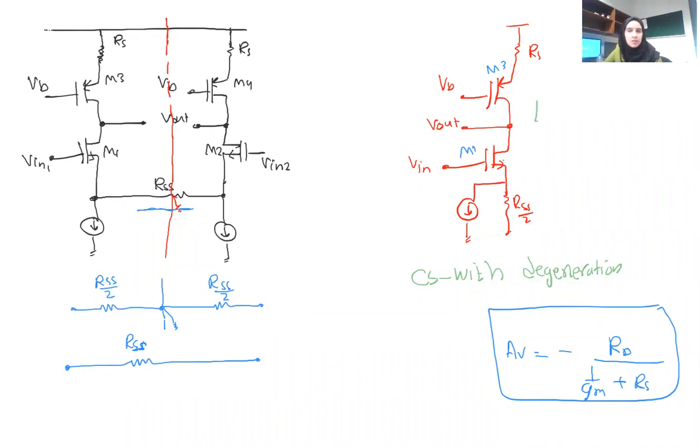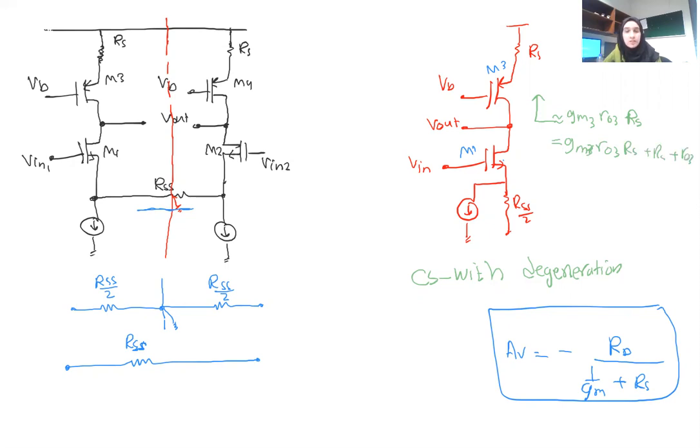My RD is the impedance that I am seeing up. So if we look at it, it again looks like a cascade, if you remember. So this impedance up is GM3, almost GM3, R out 3 times RS. To be more exact, it is GM3, R out 3, RS plus RS plus R out 3.